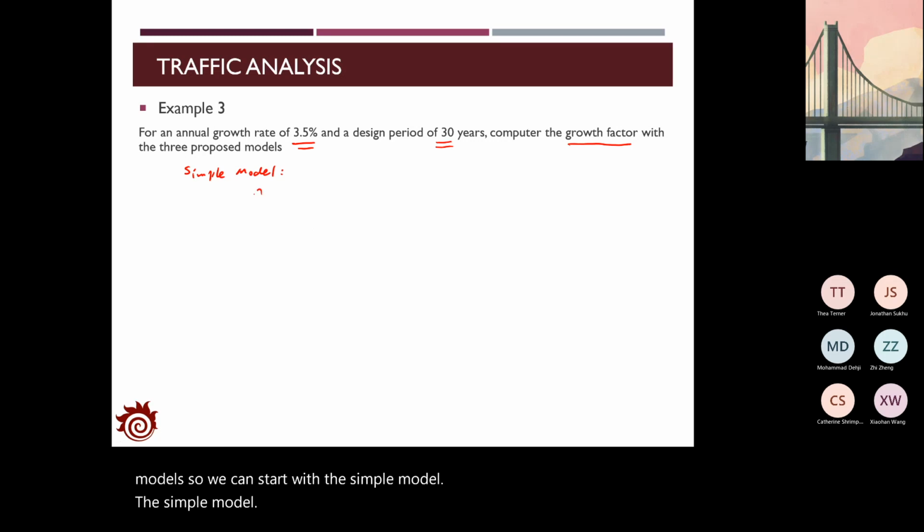For the simple model, G equals 1/2 of (1 plus R) to the power of Y. And here in this example, R equals 3.5%, and Y is the design year, that is 30.